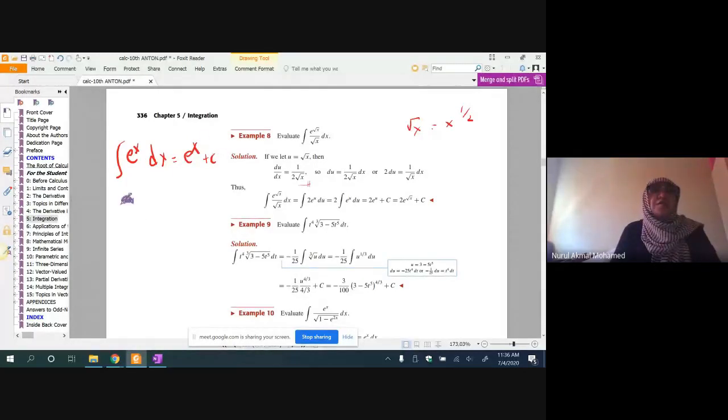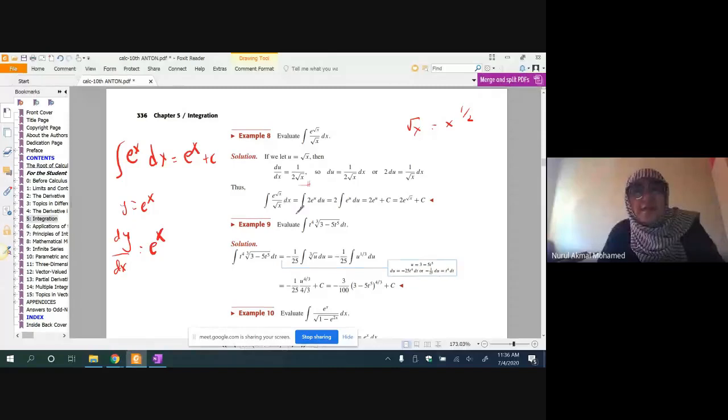If you have y equal to e to the power of x, if you differentiate dy dx, it will be e to the power of x. So you differentiate exponent function, it will be itself. So that's why you integrate e to the power of u, it will be e to the power of u as well. Okay, so 2e to the power of u plus c. And then you change everything to in terms of x, you get 2 e to the power of negative x plus c.